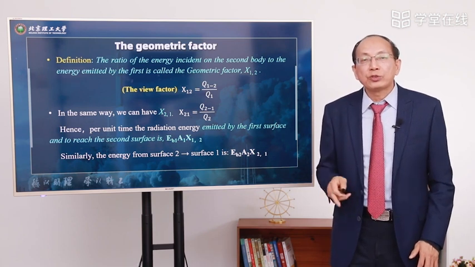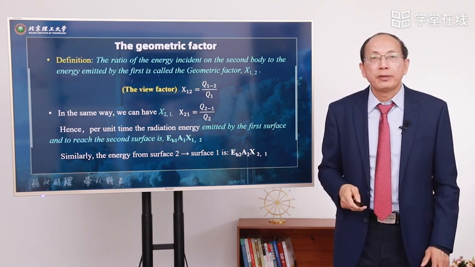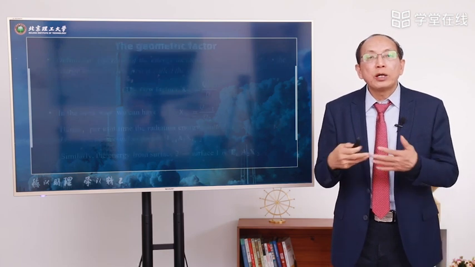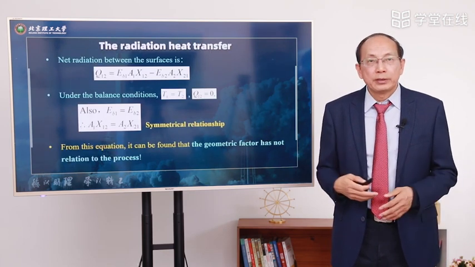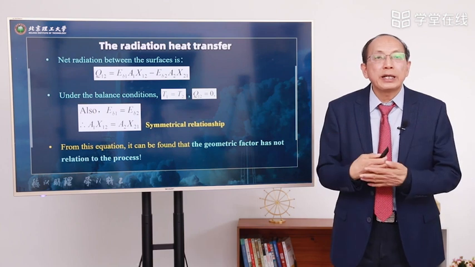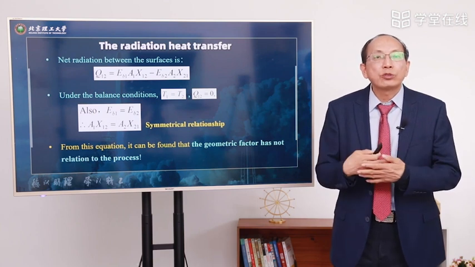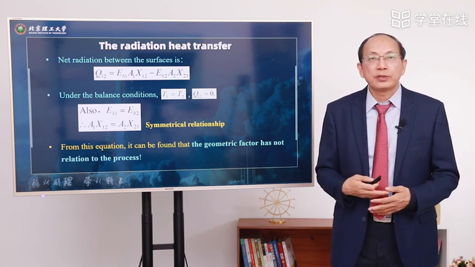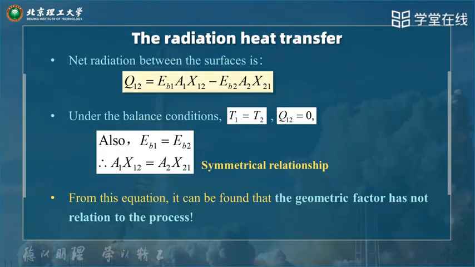Only part of the energy can reach surface 1. The difference of these two terms is just the net radiation between the surfaces. So Q1 to 2 equals EB1 times A1 x12 minus EB2 A2 x21, which is the net exchange.